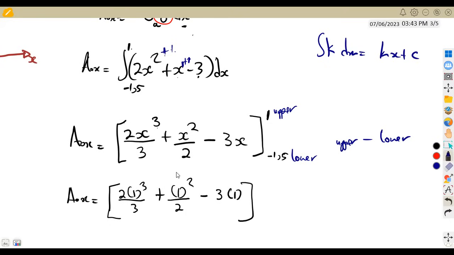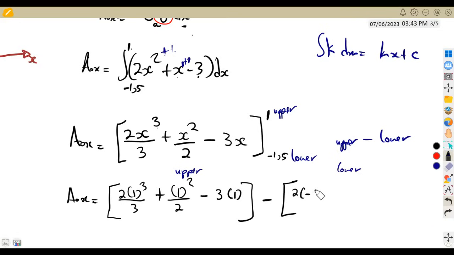So as you can see, we substituted everything in place of x with the upper limit minus the lower limit. Our lower limit is the one that is affected by -1.5. So in place of x, I'm substituting -1.5.